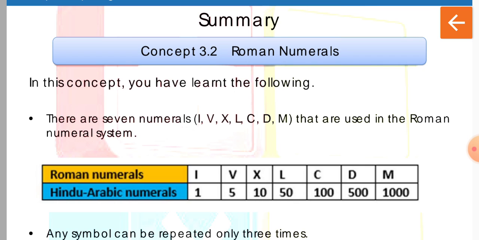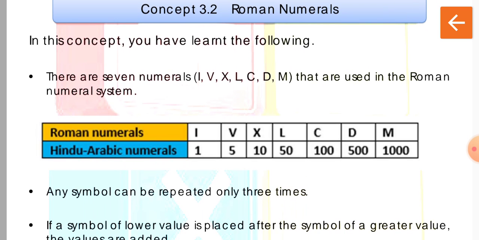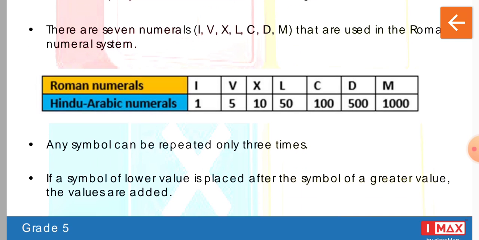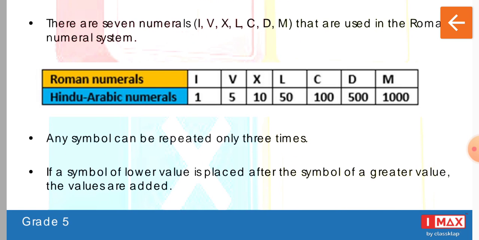Okay, and there are some rules also. The rules are: any symbol can be repeated only 3 times. If a symbol of lower value is placed after the symbol of a greater value, the values are added.